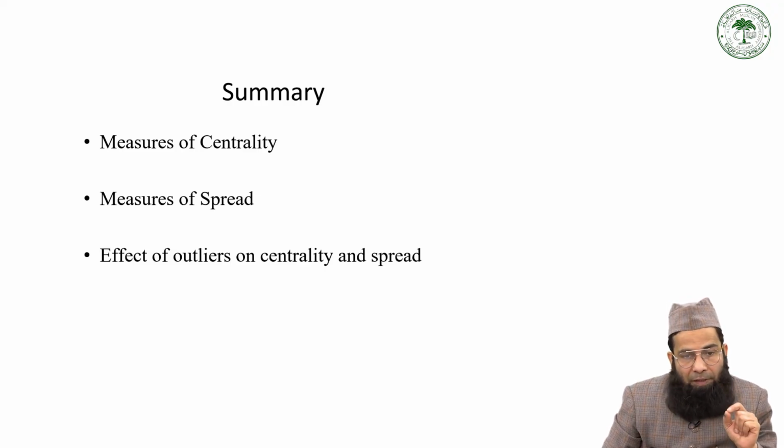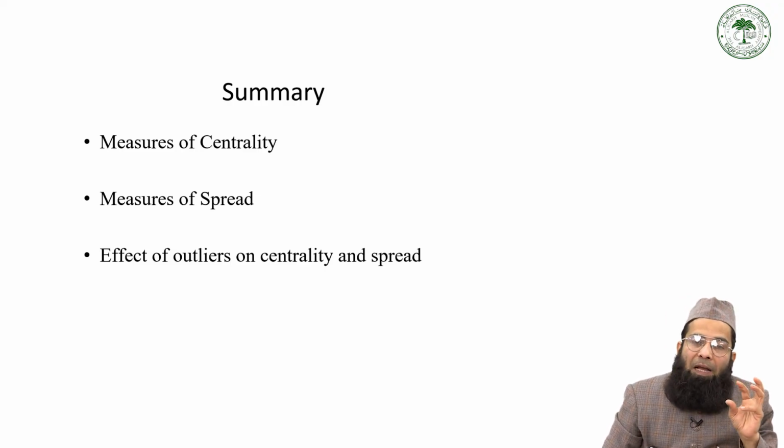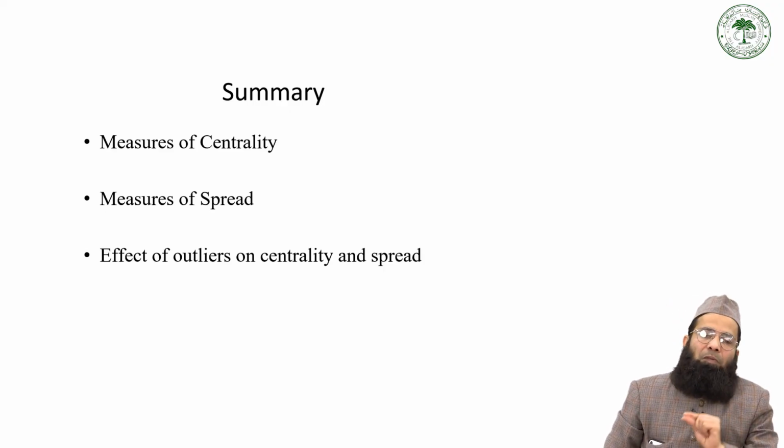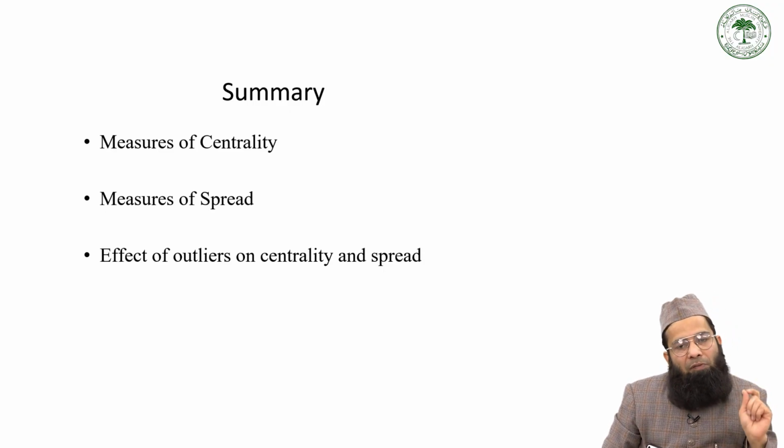Yes, it will affect, because as far as variance and standard deviation are concerned, the main component is finding the mean, right? Since the mean is affected by the outliers, variance and standard deviation will also be affected by the outliers.